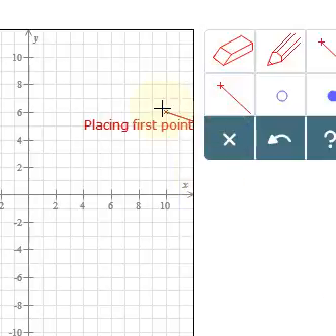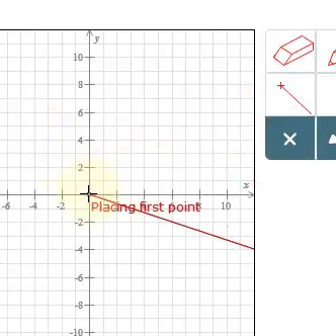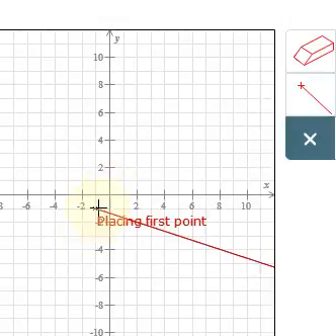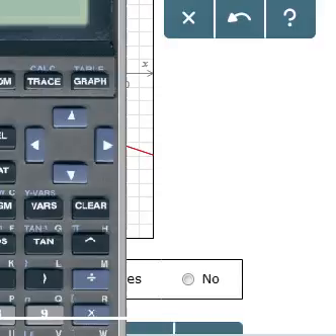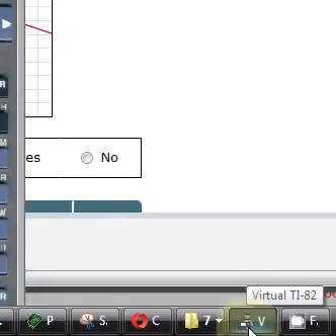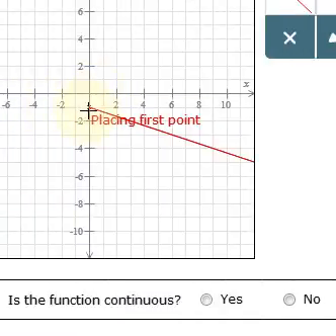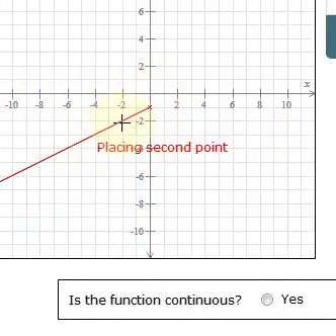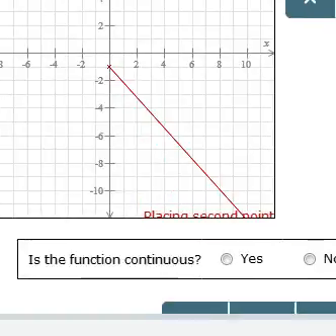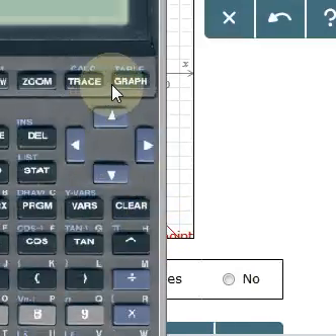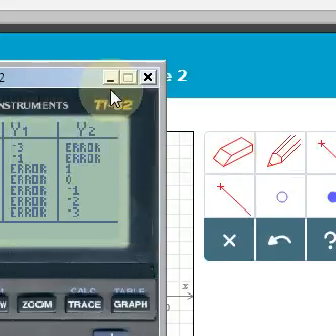Put this on there. What does it say? For x, y is -1, 0, -1. We have to figure out another point on the graph, so I'll look at the calculator again. Yeah, -1, -3. We'll find -1, -3.